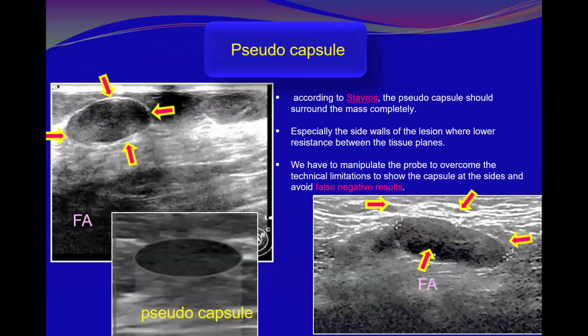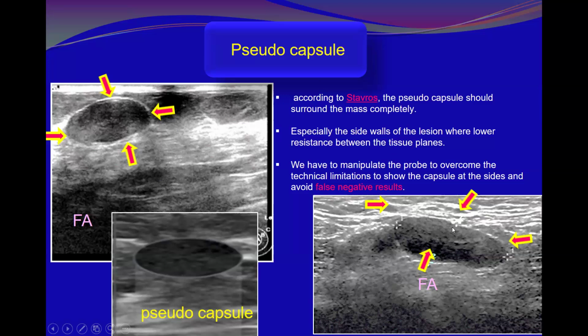We have to look. Generally, we can see it clearly anteriorly and posteriorly, but we have to make sure on the lateral aspect of the lesion. We have to see it on the lateral aspect of the lesion.